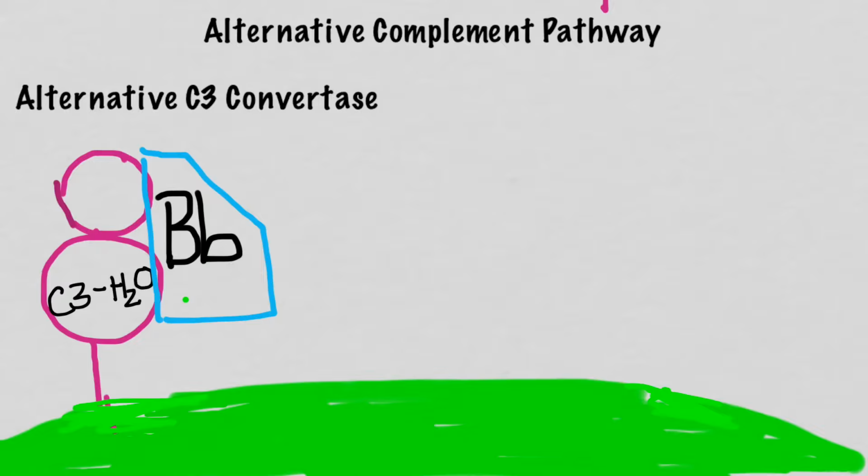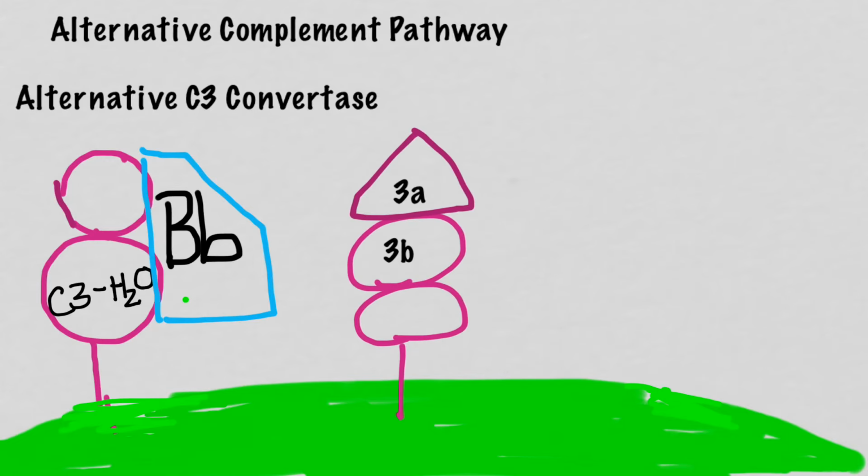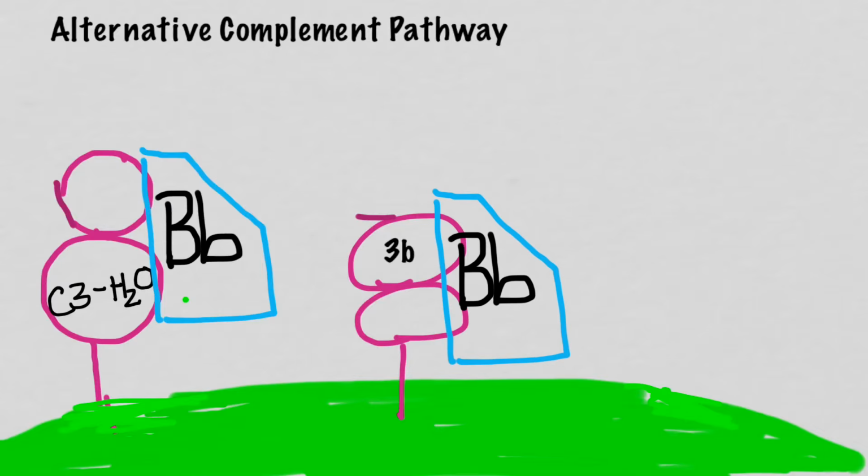So basically, C3 comes along again, this can cleave it, and then once again, you're going to have C3a and C3b, just like you would have in the classical pathway. So here's your C3a and C3b. A is going to head off into the sunset and go away. And then guess what? This C3b, which we're used to from our classical complement pathway, can come in, bind B, B gets cleaved again by D. Now you have C3b, big B, little b.